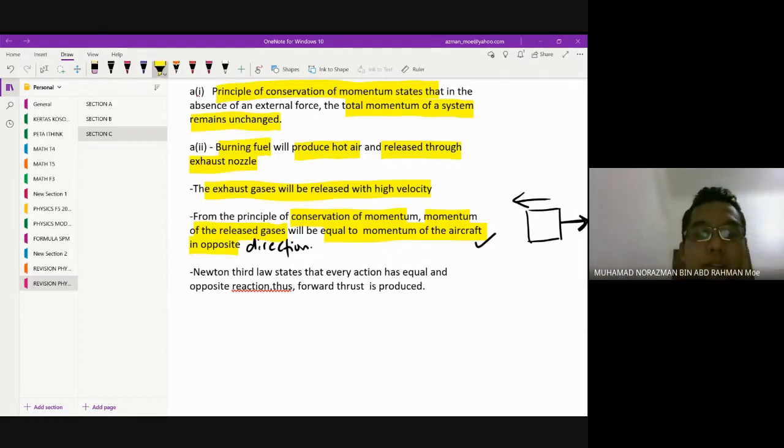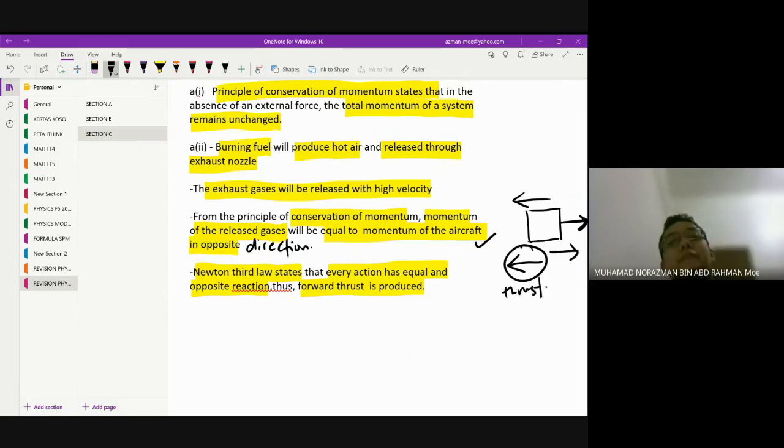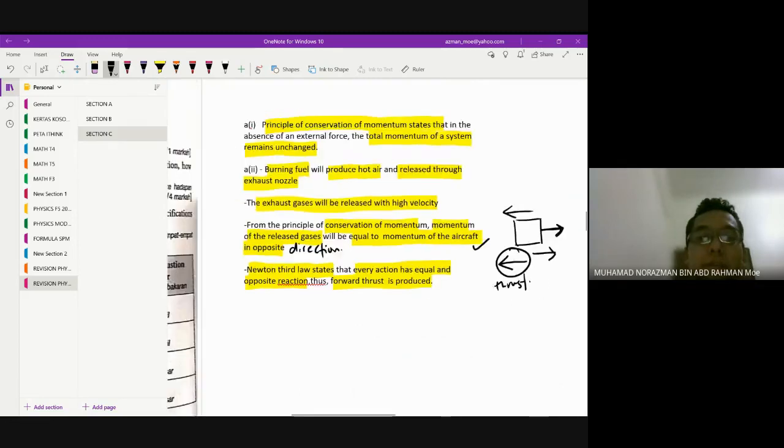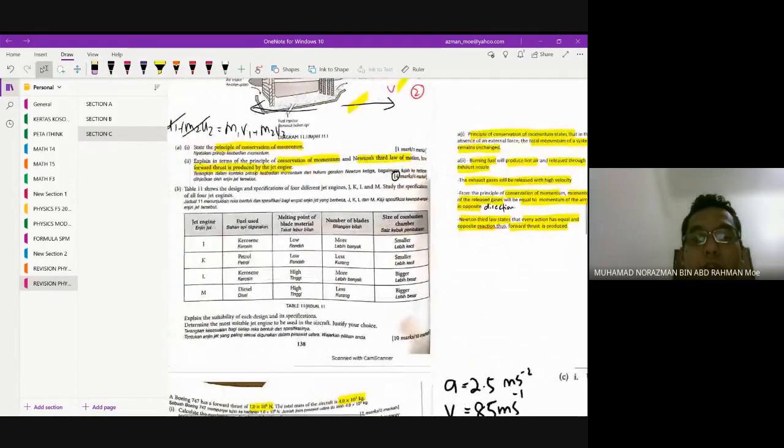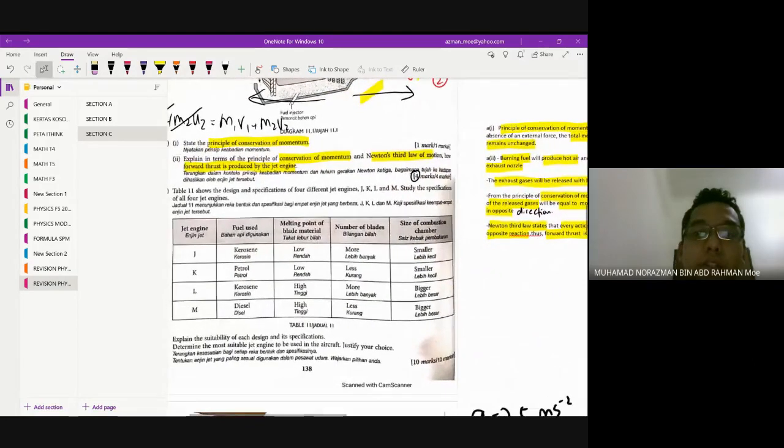And last, Newton's third law states that every action has an equal and opposite reaction. Thus, forward thrust is produced. So here is the action, and the equal and opposite reaction. This one is the thrust. So that is how I explain the situation using conservation of momentum and Newton's third law of motion.